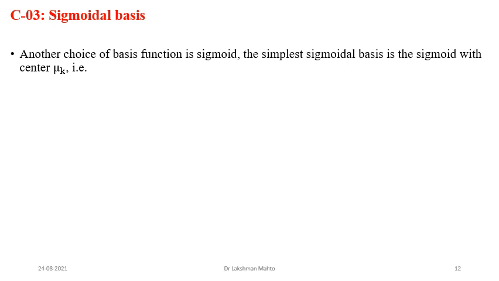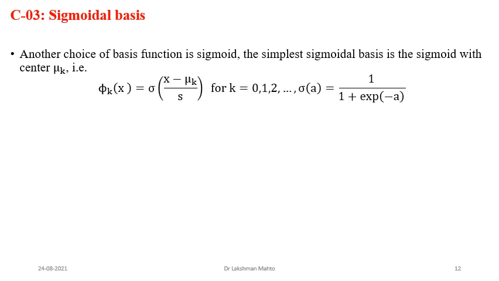Another basis I can take is the sigmoidal basis. Sigmoidal is the simplest nonlinear basis. The simplest sigmoidal basis has the form phi k of x, defined by the sigmoid function of x minus mu k, with sample deviation, and for various k up to n, where you can define the dimension of the feature map as per your choice.